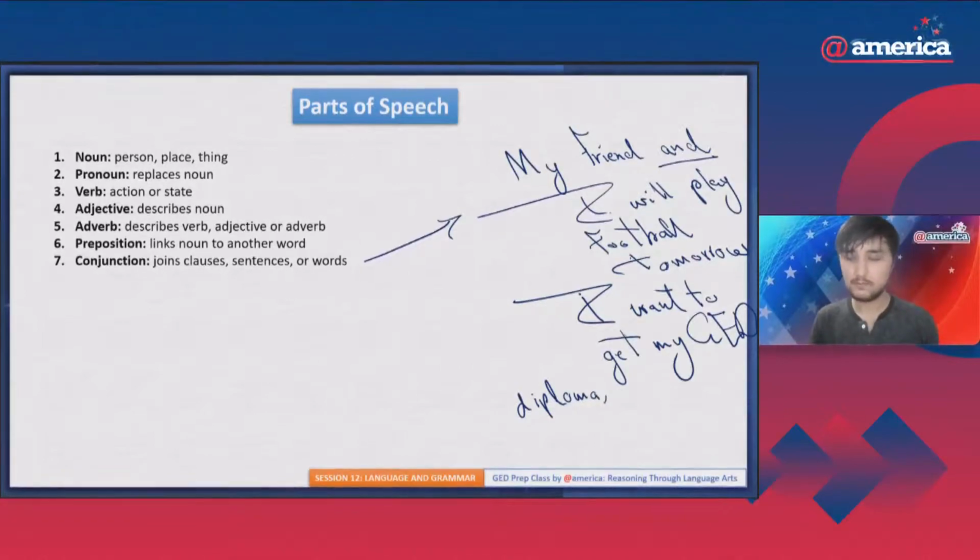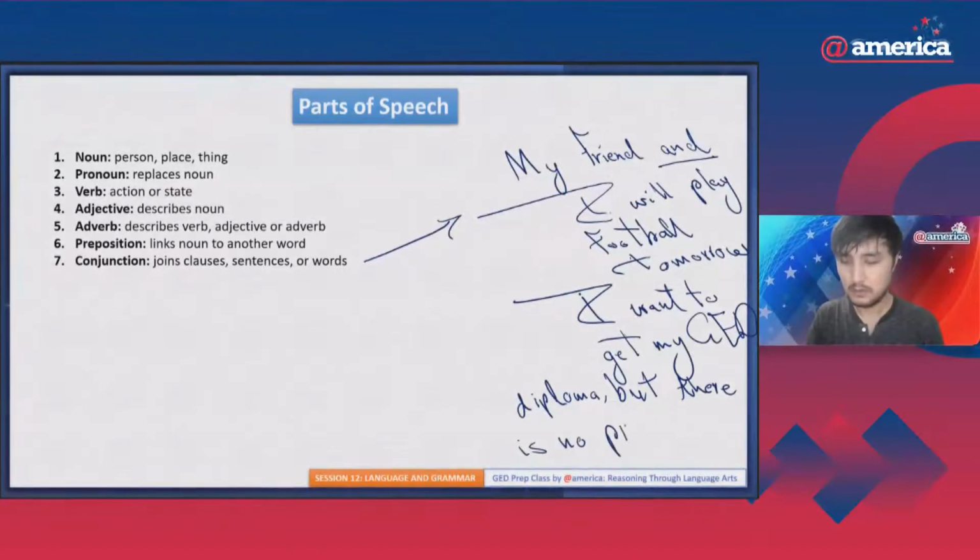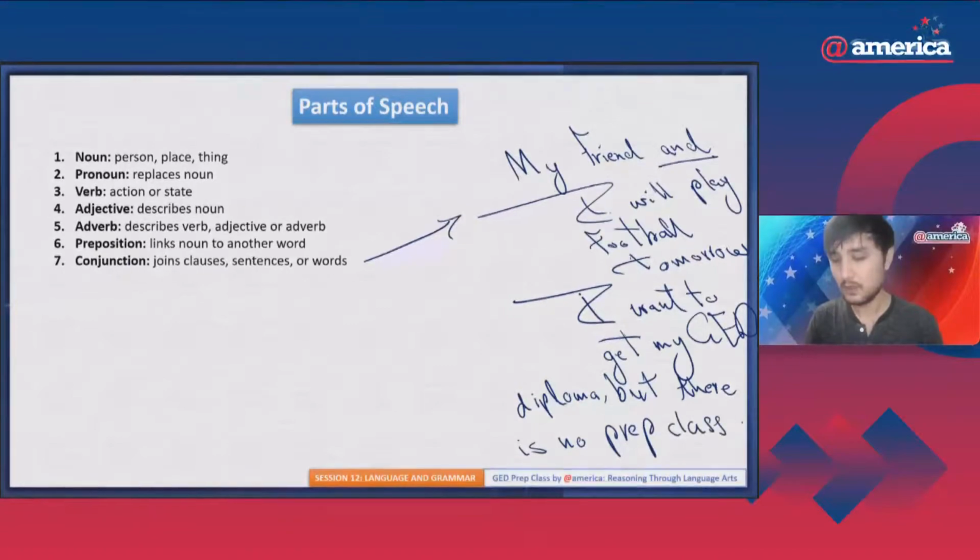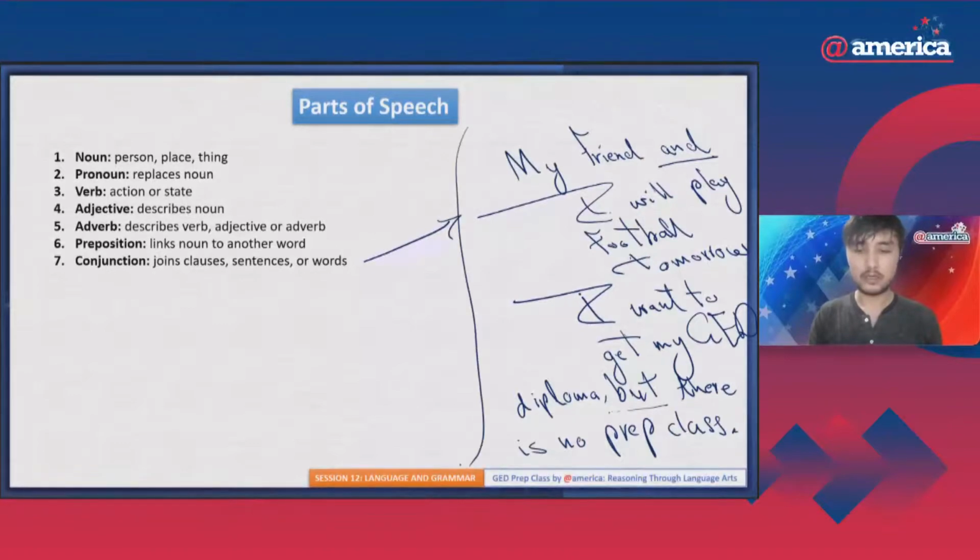This is one sentence. "But there is no prep class to prepare for the tests. Worry not, there is one." So in this sentence, you know that "but" is used to connect one sentence with another.